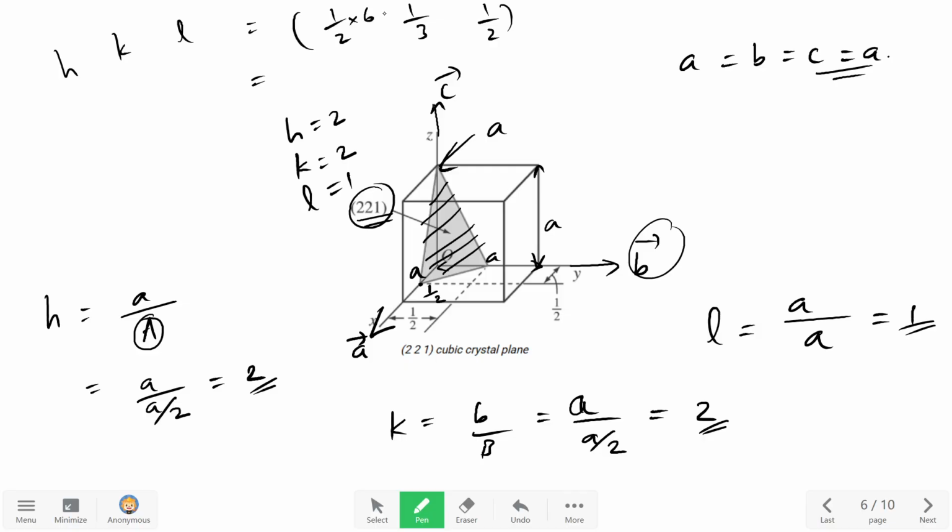So I will multiply everything with 6. Then I get 6 by 2 is 3, 6 by 3 is 2, and 6 by 2 is 3. So remember this: when you write HKL finally, you have to write it in integers. For that, you have to multiply by a common number.